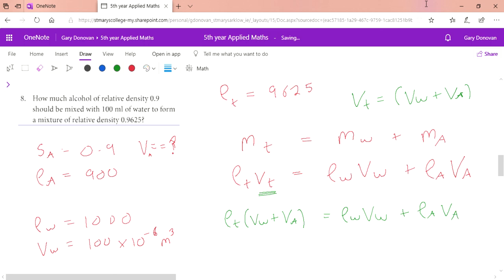And now what you'll notice is you actually know everything except for what you're looking for, which is the volume of the alcohol.